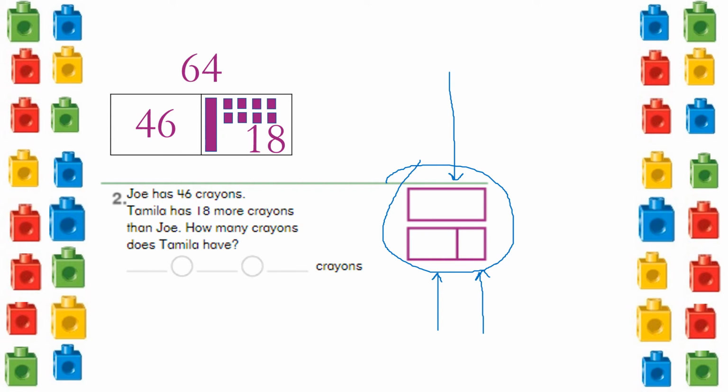So, 46 plus the 18 more is 64. And we show it just like that. And our problem is 46 plus 18 equals 64.